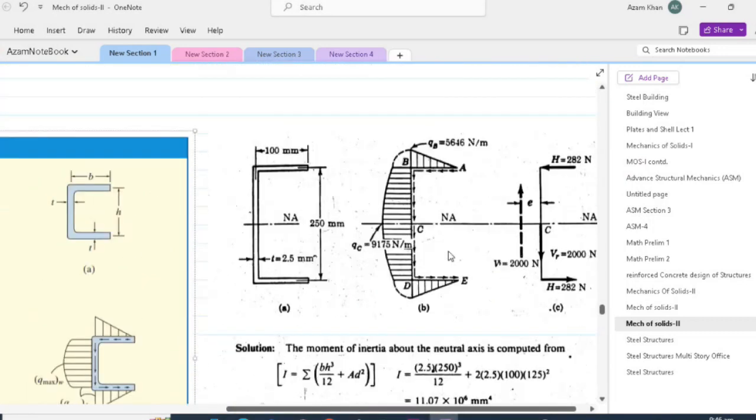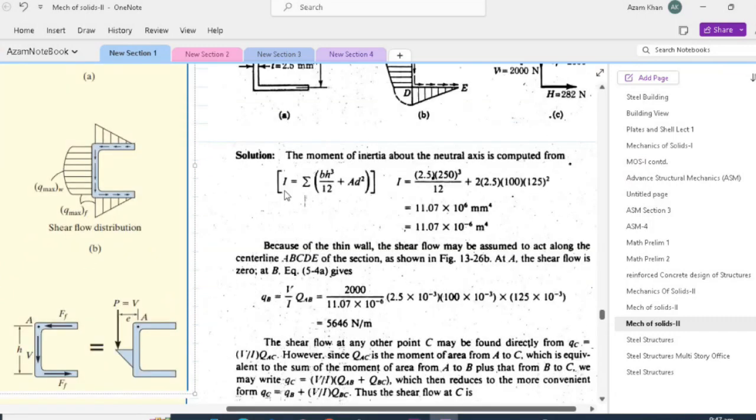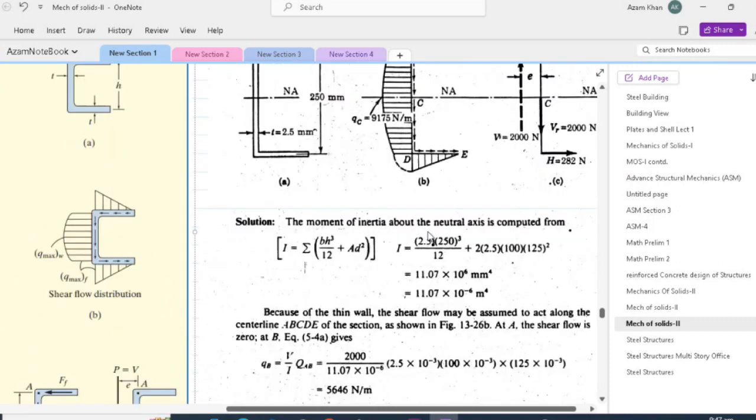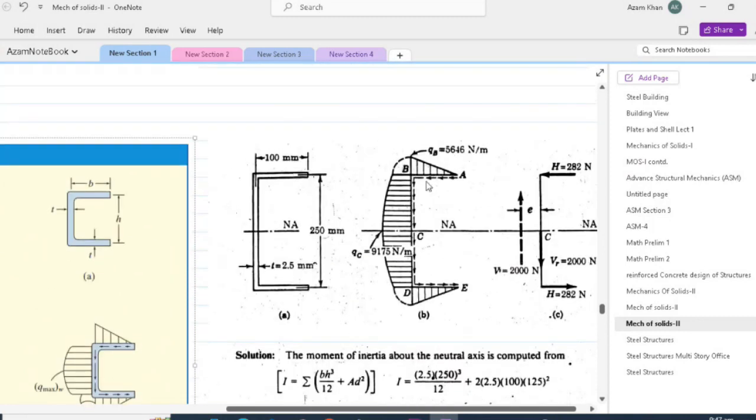So in other words, if we have a channel section having, for example, 100 millimeter wide flanges and 250 millimeter deep web, we can work out our moment of inertia of the whole cross section. And for the first moment of area, we can divide the whole cross section into components AB, BC, CD, and DE.